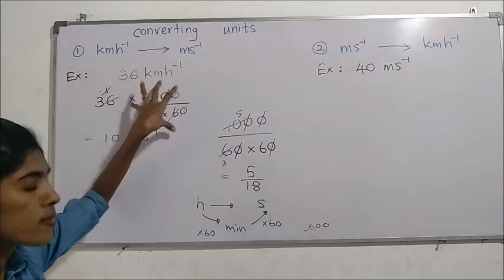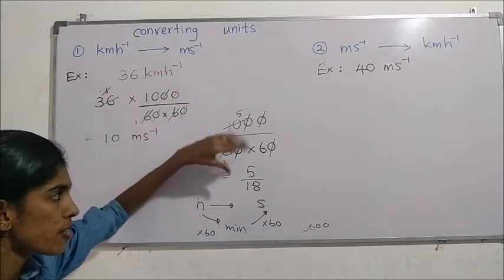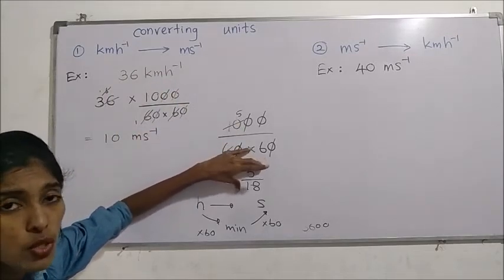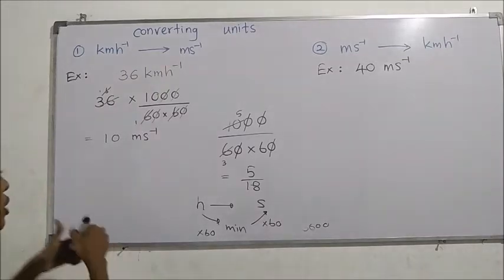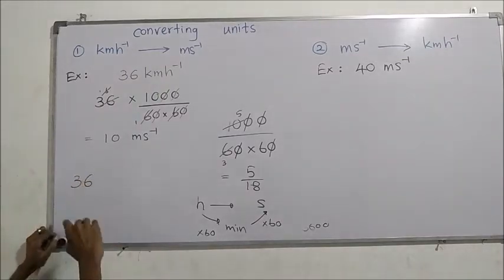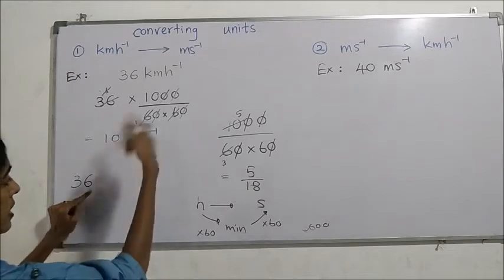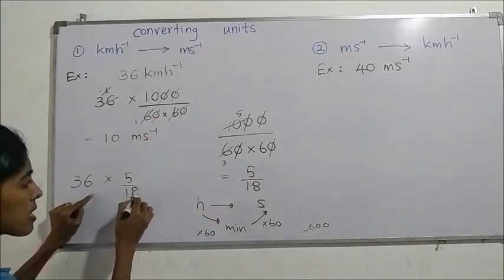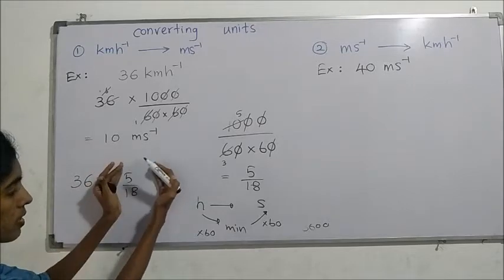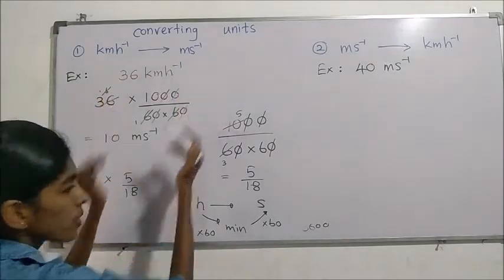Except following the earlier method, directly you can use these two values also when you convert the units. That means when you are given 36 kilometers per hour, you can multiply by 5 over 18, because this is the simplest form of this whole thing.